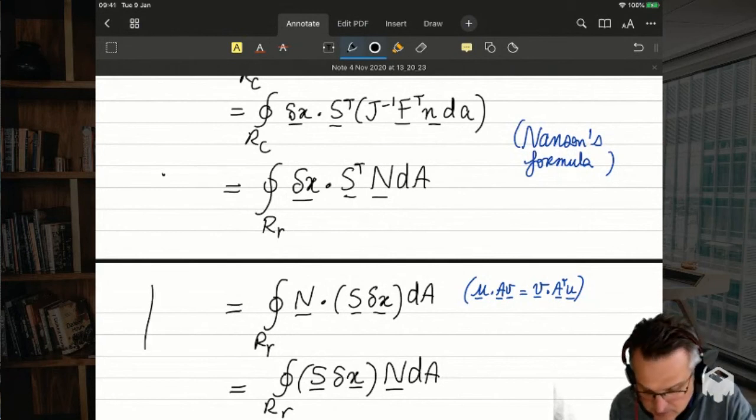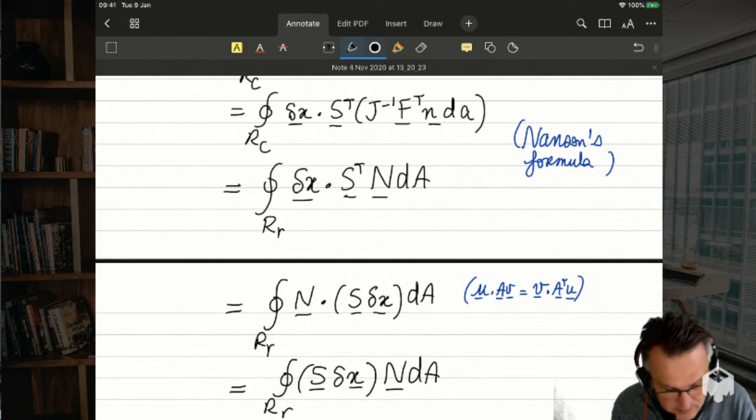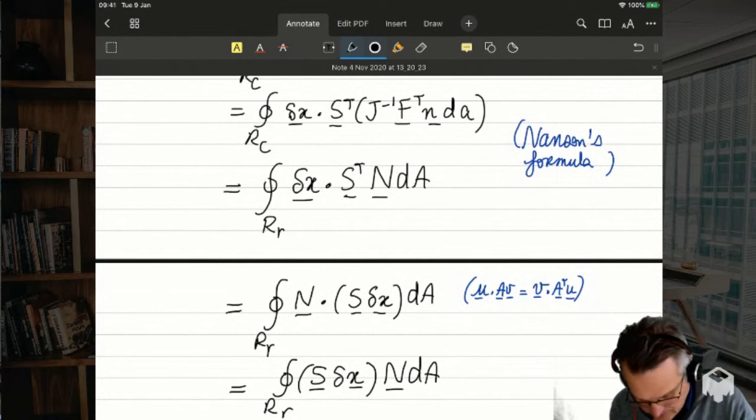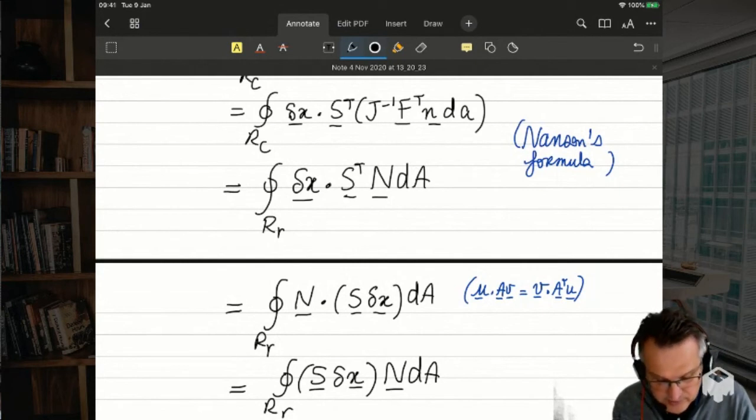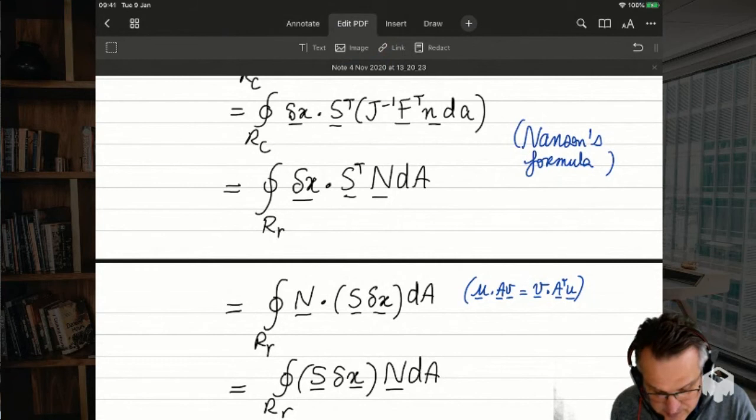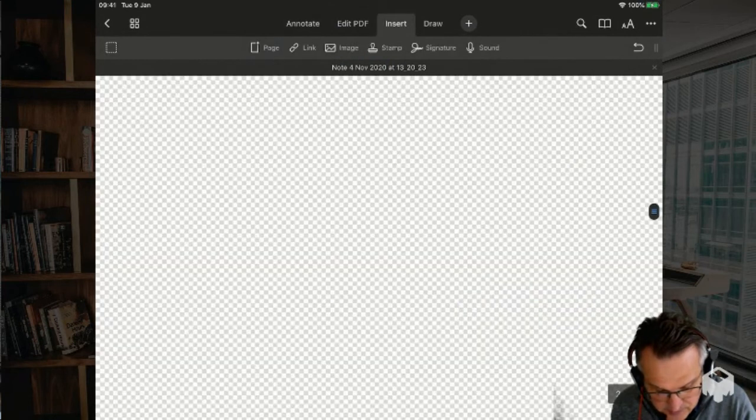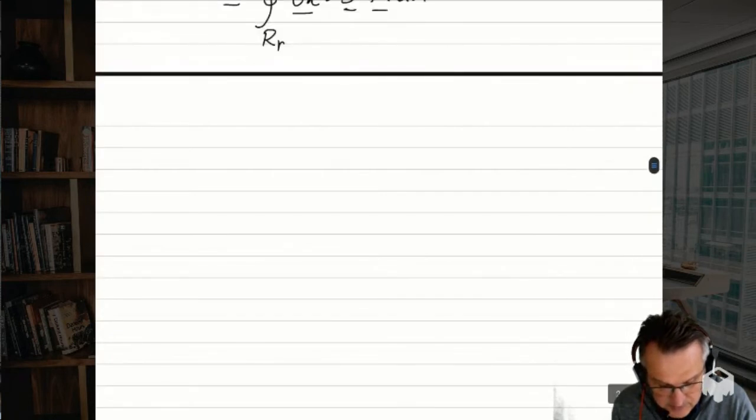It seems blocked somehow. My iPad is acting out. Doesn't want to move up and down. Let me see if I can fix it.